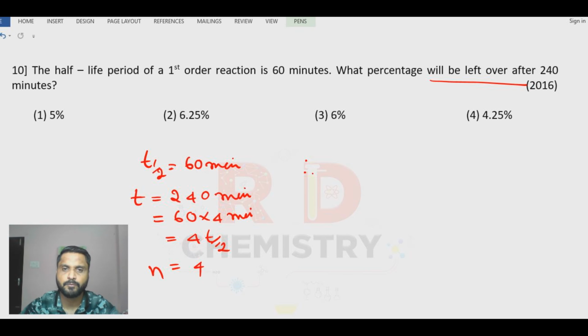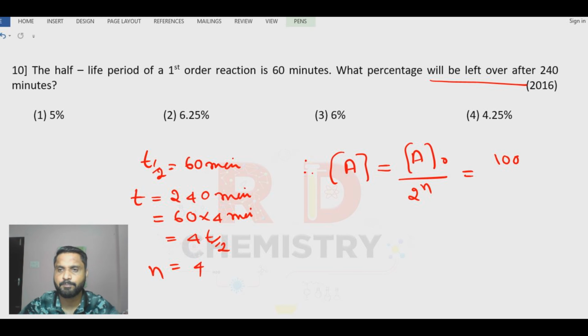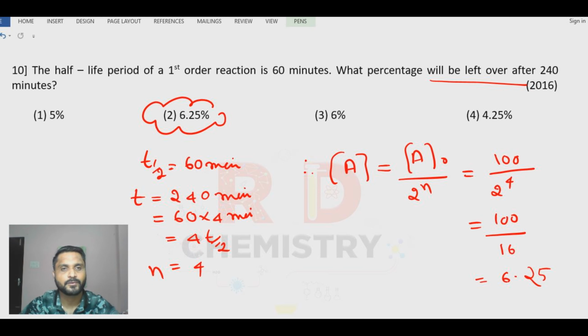In this case, we can make use of the formula, the amount of the reactant left after a certain time interval is equal to initial concentration divided by 2 to the power n. Let me assume 100% to begin with, divided by 2 to the power 4, which is 100 divided by 16, and this will be equal to 6.25. Okay, so the answer is option number 2, correct?